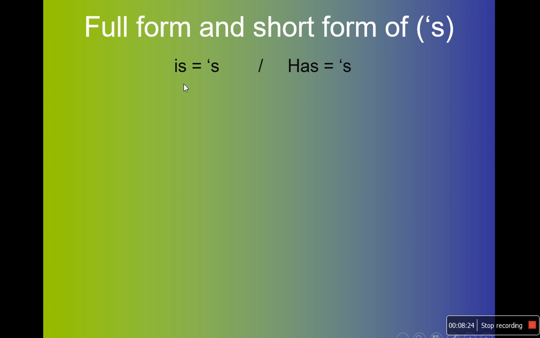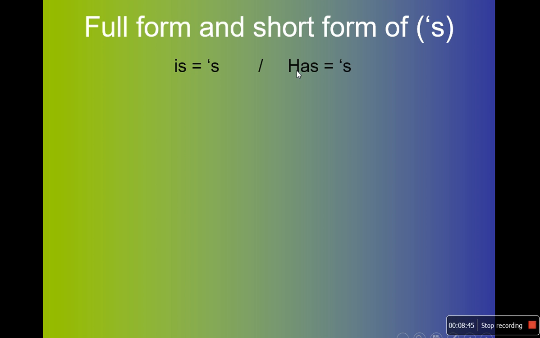here's the helping verb is, and also the helping verb has. So is and has are helping verbs, right? So we can contract them. We have a full form. The full form is I, S, and here we have apostrophe s. What about has?